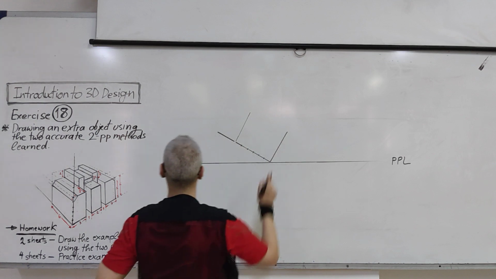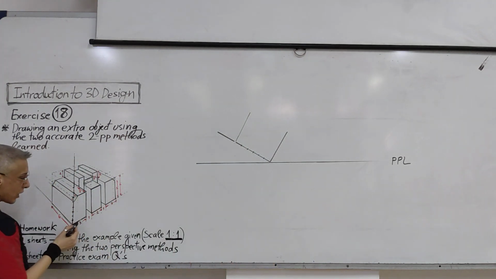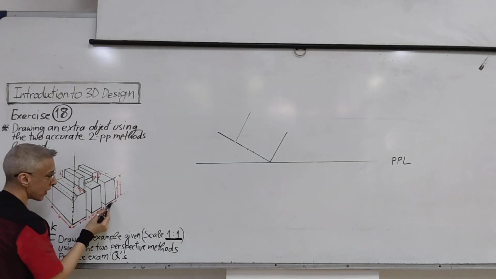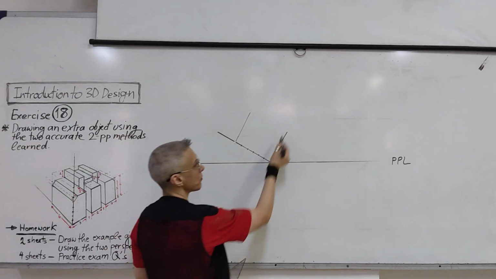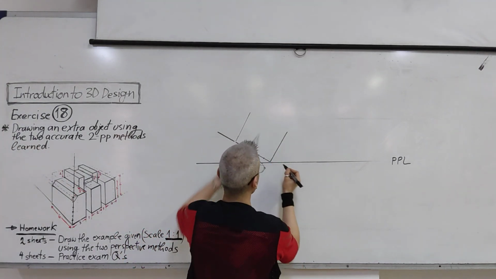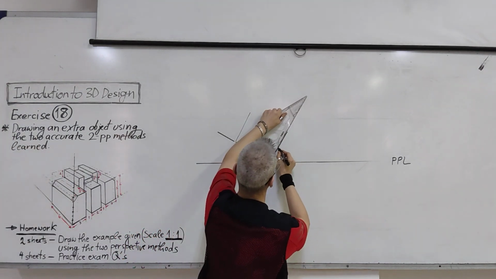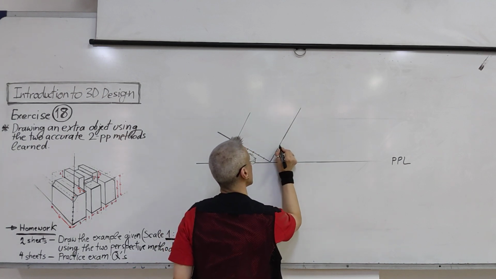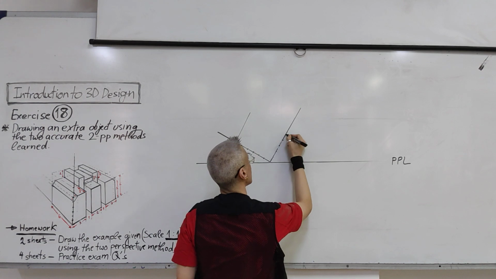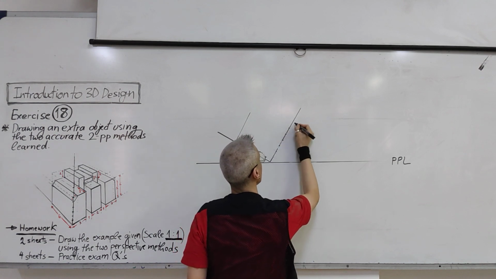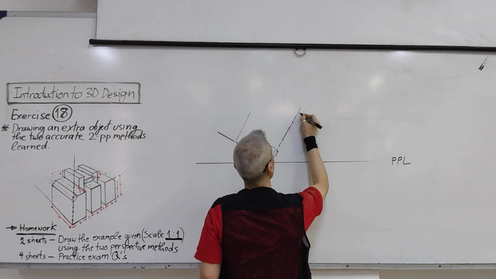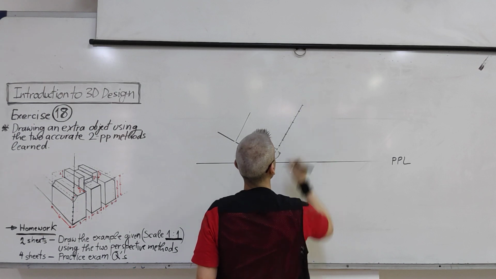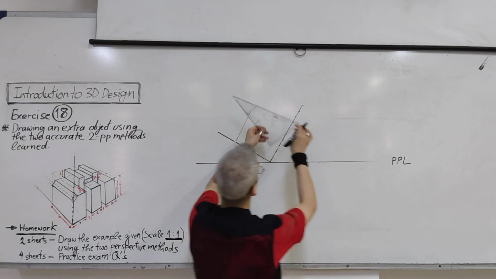Okay, now this one, how much? 3, 4, 5, 6, 7, 8, 9, 10. Okay, 10. So from here we need 10. We need it actually longer. So 1, 2, 3, 4, 5, 6, 7, 8, 9, 10. Okay? Then we connect.